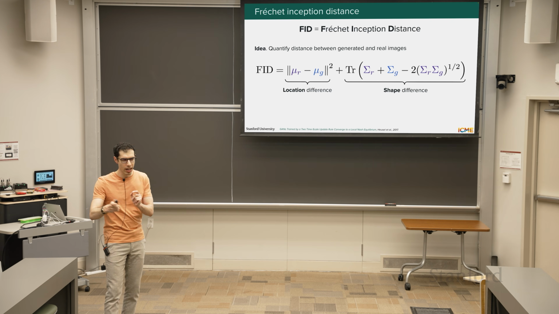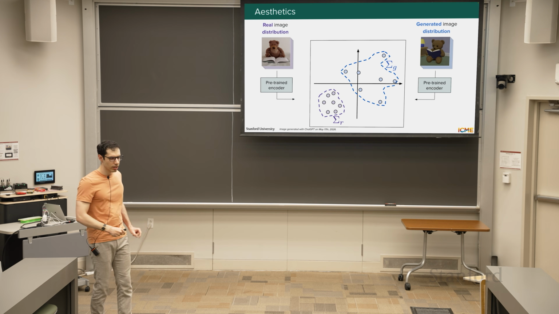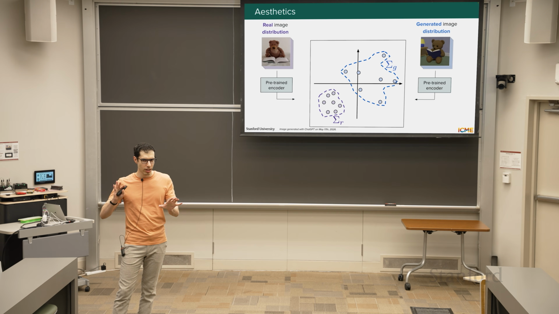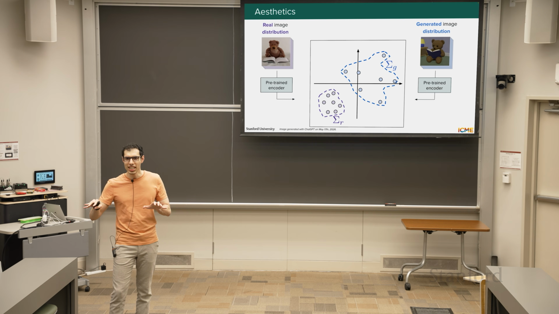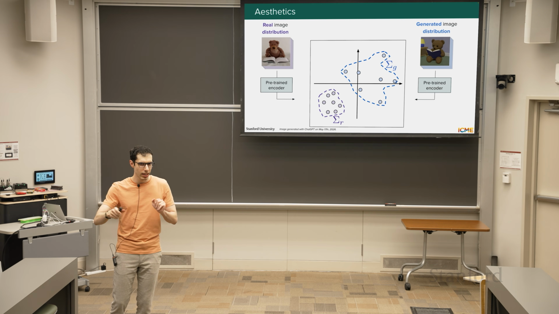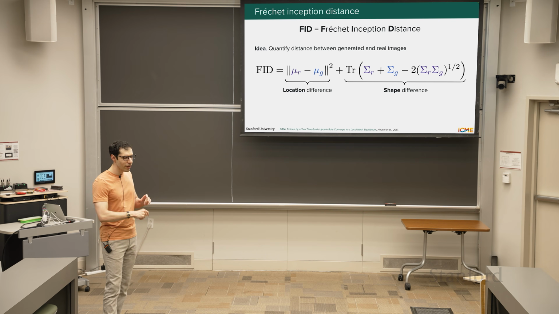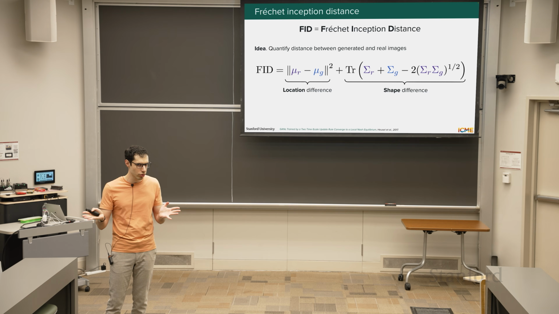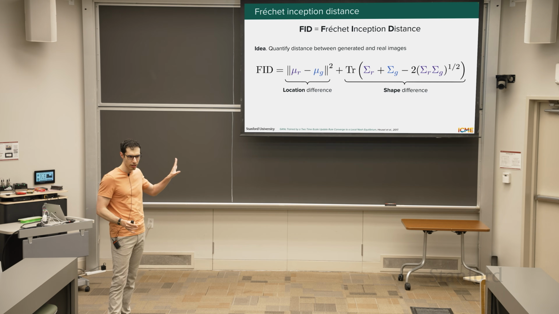And it just turns out that if you assume that the distribution of real images and the distribution of generated images are each Gaussian, then this Wasserstein distance, which typically does not have a closed form solution, is something that you can express in closed form.